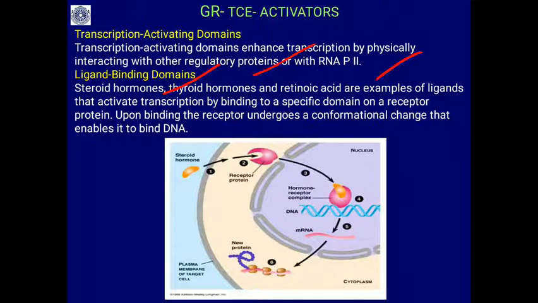Once testosterone binds to its receptor, the complex is transported and directly makes contact with the DNA and enhances the transcription. This is how they activate. This is called the ligand binding domain.